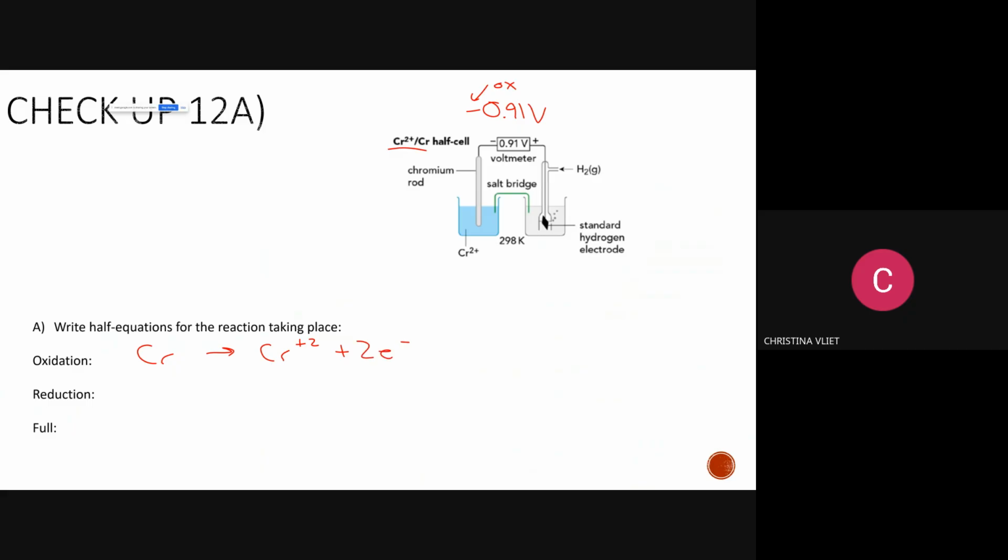So what's being reduced? Which we already said it's the sheet, right? So again, it's H+ going to H2. Balance 2. Electrons go on the left side. Are we good with that? Bring it together. Electrons cancel.